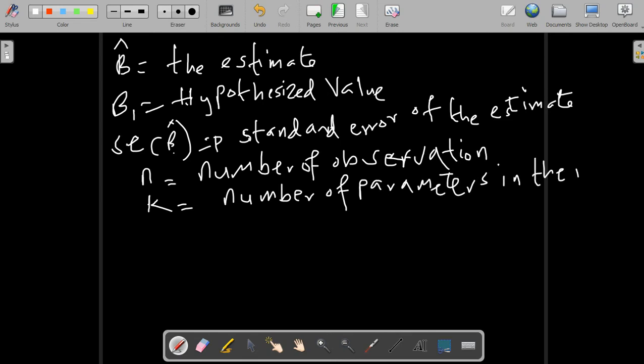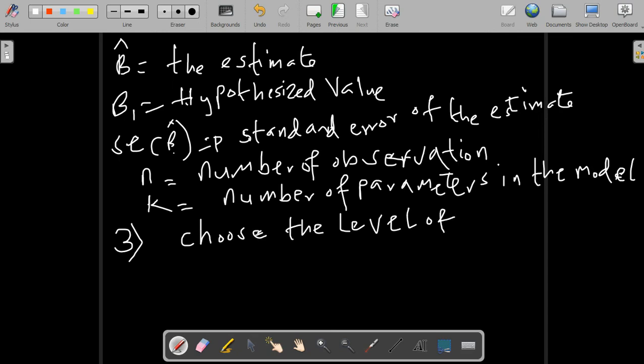Now, the third step is to choose the level of significance of the test and find the critical value of the test statistic.